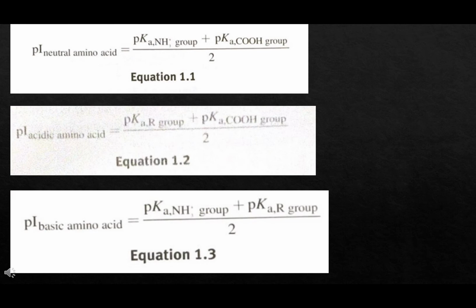As we continue adding base, glycine passes through a second buffering phase as the amino group deprotonates. Again, the pH remains relatively constant. When 1.5 equivalents of base have been added, the concentration of the zwitterion form equals the concentration of the fully deprotonated form, that is, +NH3CH2COO- equals NH2CH2COO-, and the pH equals pKa.